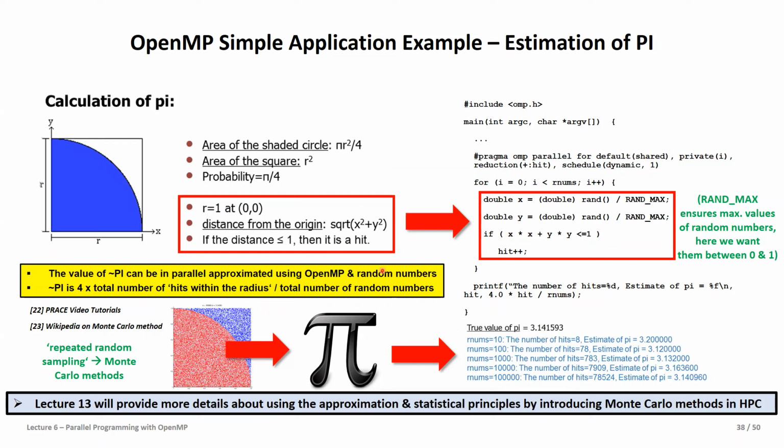The OpenMP code is essentially reflecting what I just said and summarizing it. You have a pragma omp parallel. That's no surprise. We want to do this loop in parallel. We have a private i, which means we want to have our own index here.